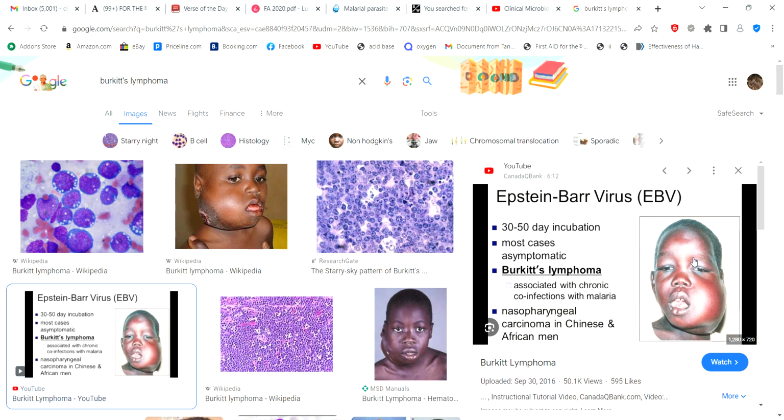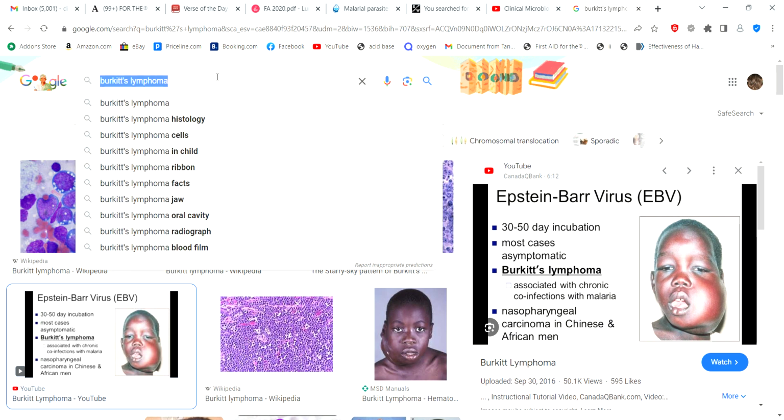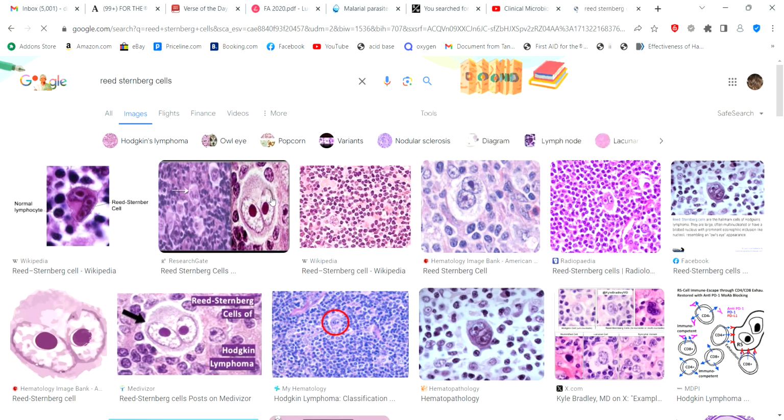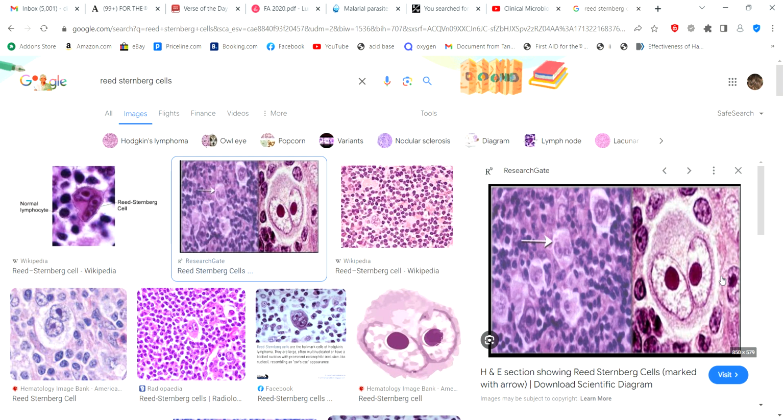And then it also causes Hodgkin's lymphoma, in which you see Reed-Sternberg cells. You have to know what Reed-Sternberg cells look like. This is Reed-Sternberg. It looks like owl eyes right here. Reed-Sternberg cells are seen in Hodgkin's lymphoma. EBV causes endemic Burkitt lymphoma, where you see large jaw swelling.